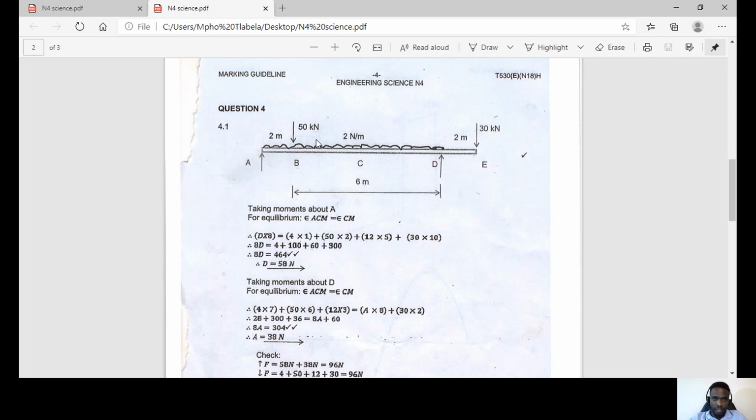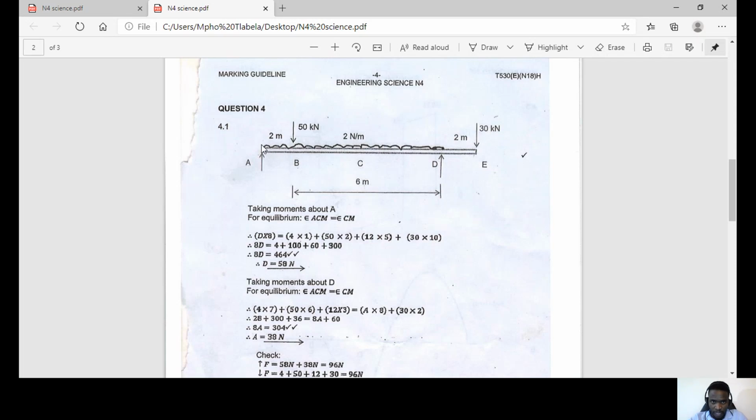to the last one. We've got the distribution load. Same, you can split it or you can work it as one. Right, meaning if you split it, you're gonna have 2 multiplied by this length here. It's gonna be 4. Half of 2 meters here is 1. Then it's gonna have 4. This 4, remember, is always the force here is pointing down.